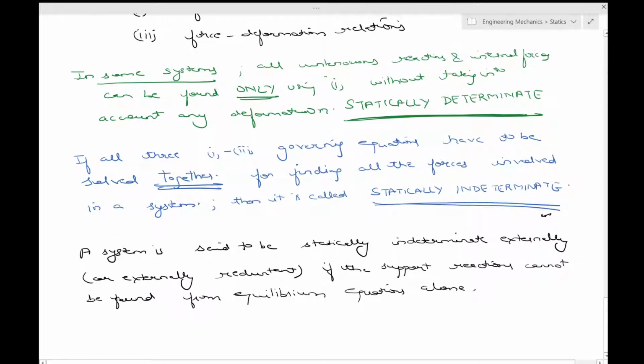So this is a case where you have a joint or a hinge or some sort of a support, and if you cannot find the reactions at those constraints and supports just by the use of equilibrium equations, then we call it statically indeterminate externally, or externally redundant.